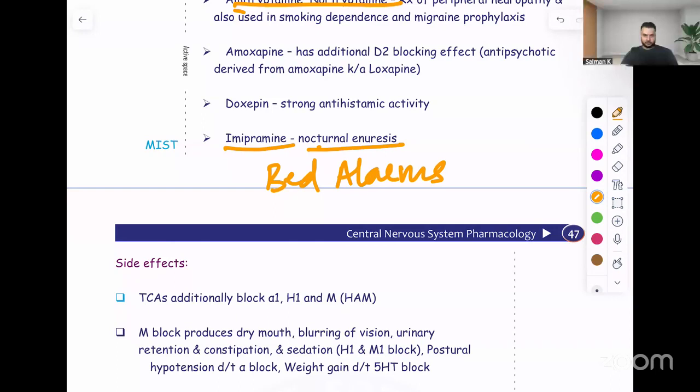All right, guys. As we were learning, for nocturnal enuresis, the treatment that we prefer today is called bed alarms.